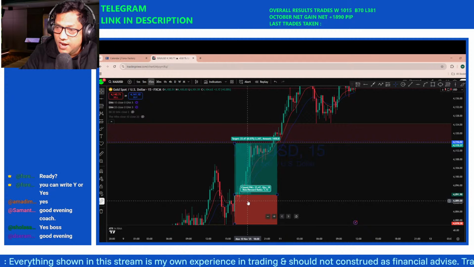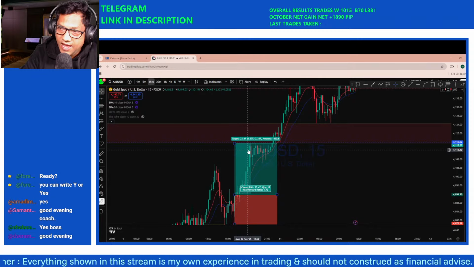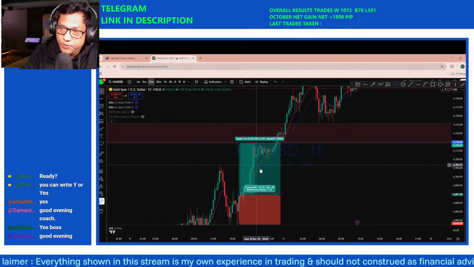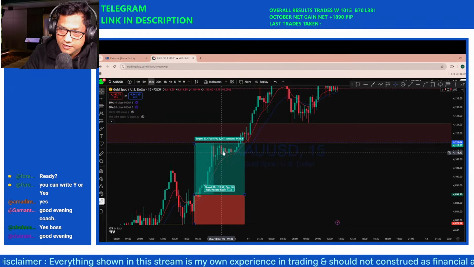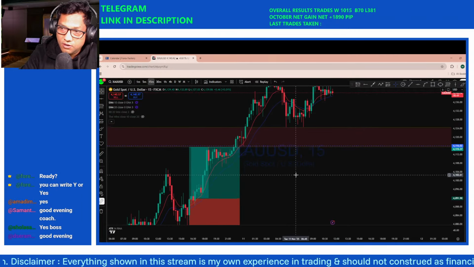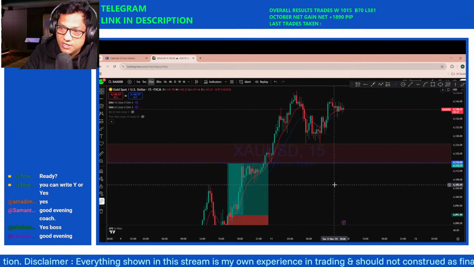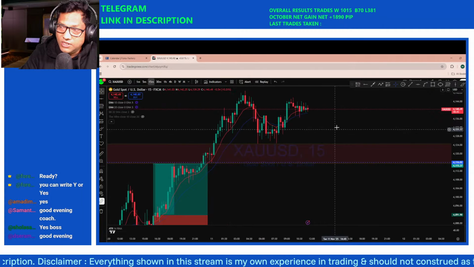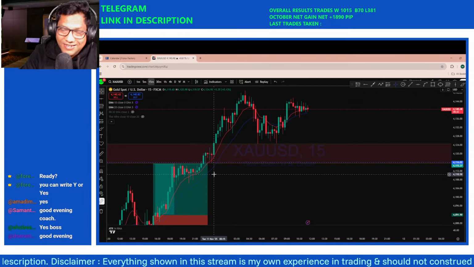So that's where the market has moved to the upside, creating a stronger breakout in that area. So we can see that the market didn't even stop there.